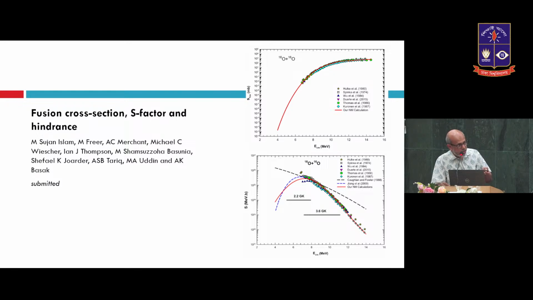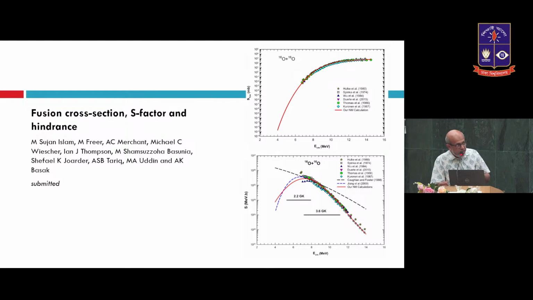The S factor is a way to plot it where you bring out the nuclear effects for fusion. Here, this is the classical, well-known Cochran and Fowler curve, which shows a monotonic increase at lower energies. But if it reaches a maximum and starts coming down, this is known as hindrance.